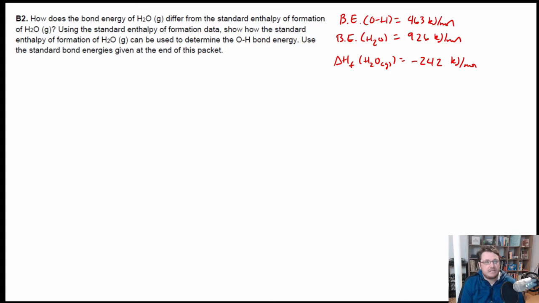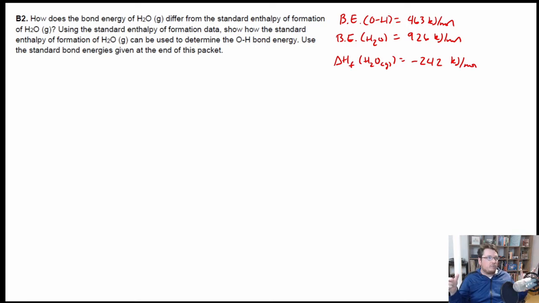Whereas in the case of delta H of formation, we're looking at the formation of a molecule in comparison to the elemental forms, and that is what the energetic state of that molecule is. In the case of the bond energy, that's the energy that's stored, and it doesn't take into account anything else.